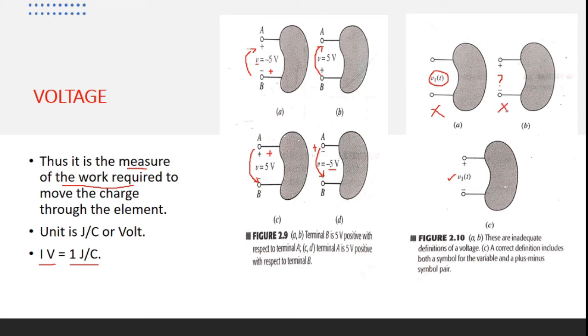Diagrams A and B are inadequate. When we represent any voltage source, we must mention whether the terminal is positive or negative, and also the value of the voltage connected to the circuit element. Only then is the voltage correctly specified, or else it is inadequate.